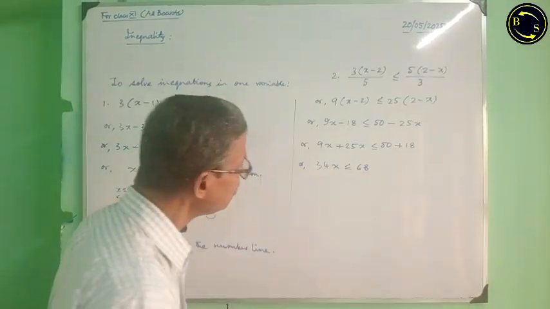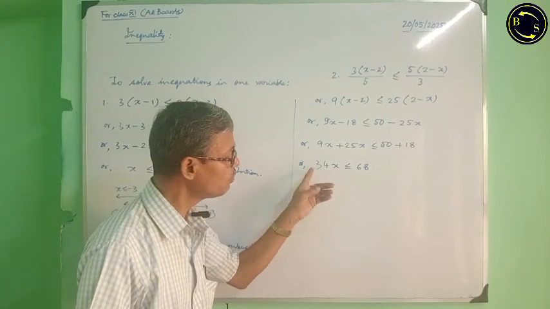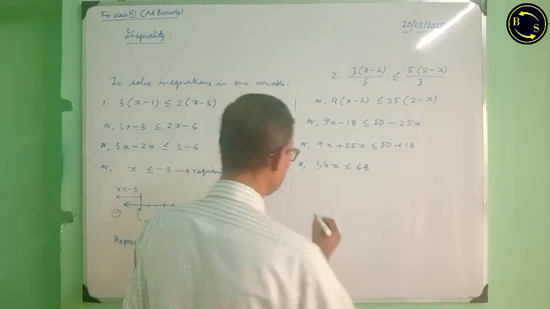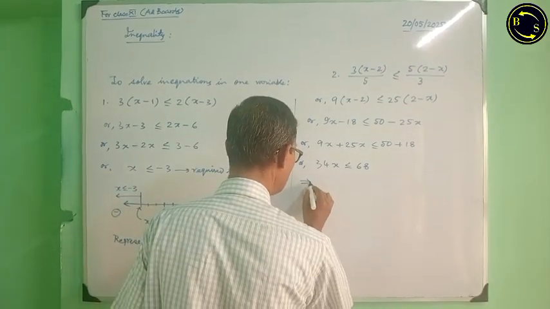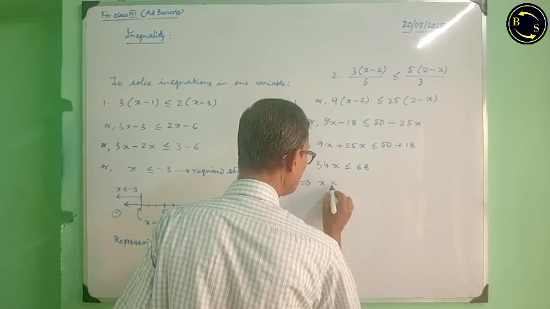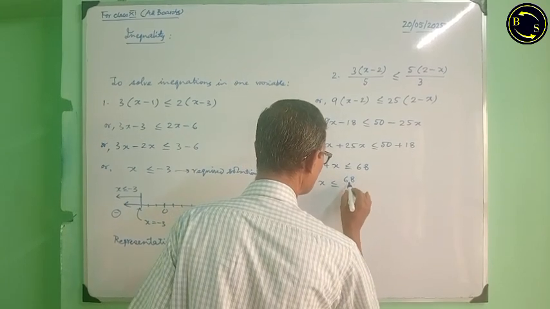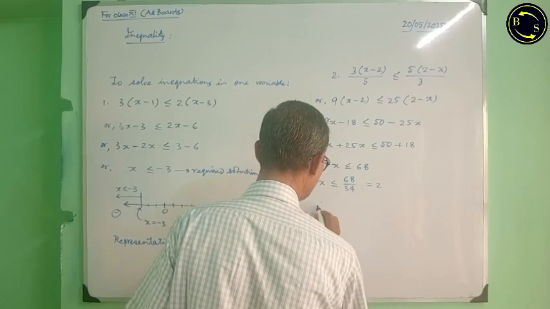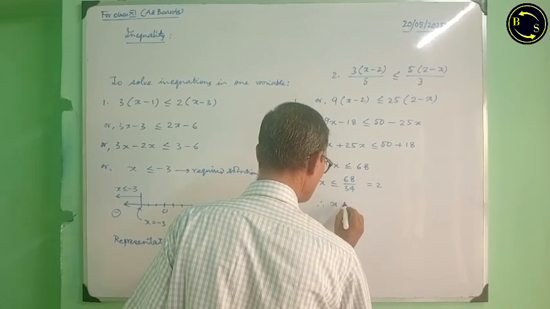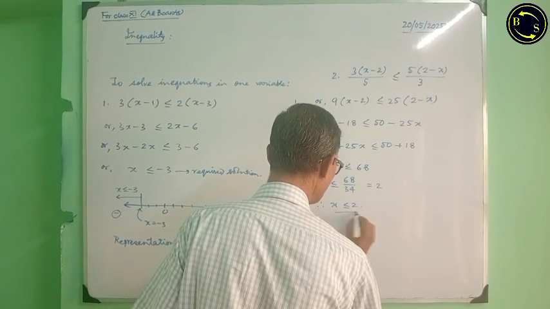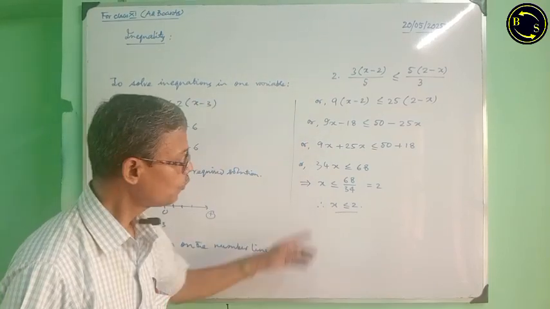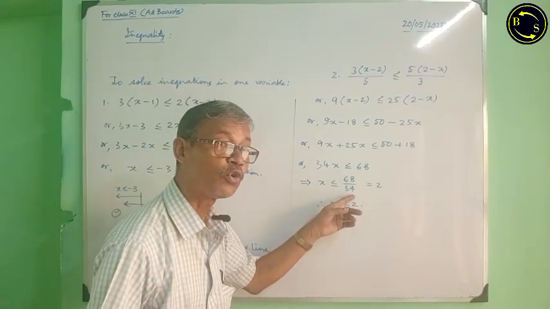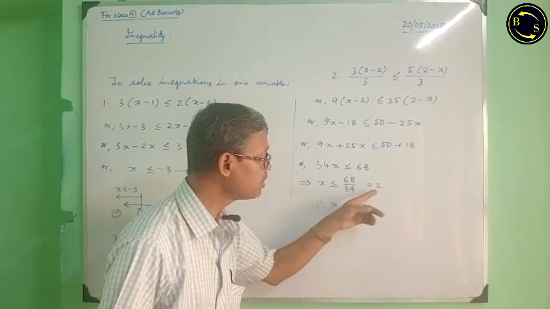Now, to get the value of x, we have to divide both sides by 34. You follow? 68 by 34, the value of that is equal to 2.